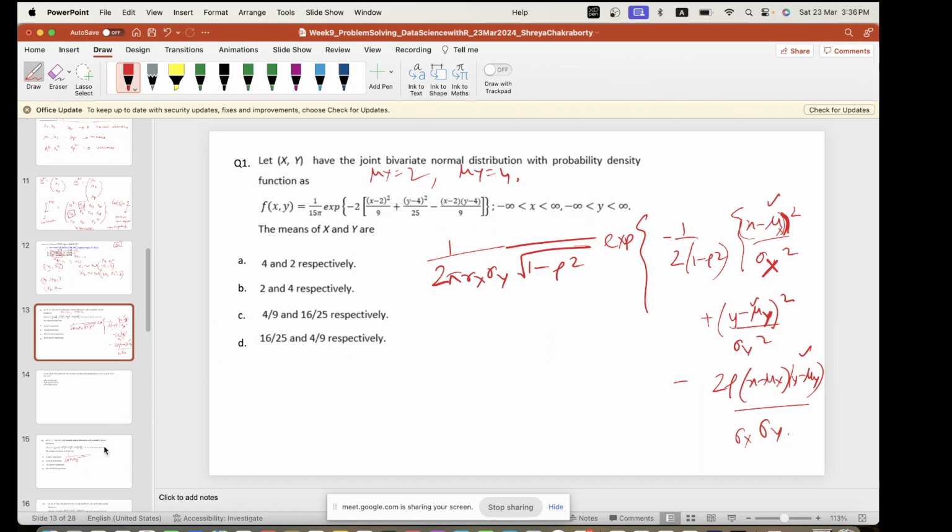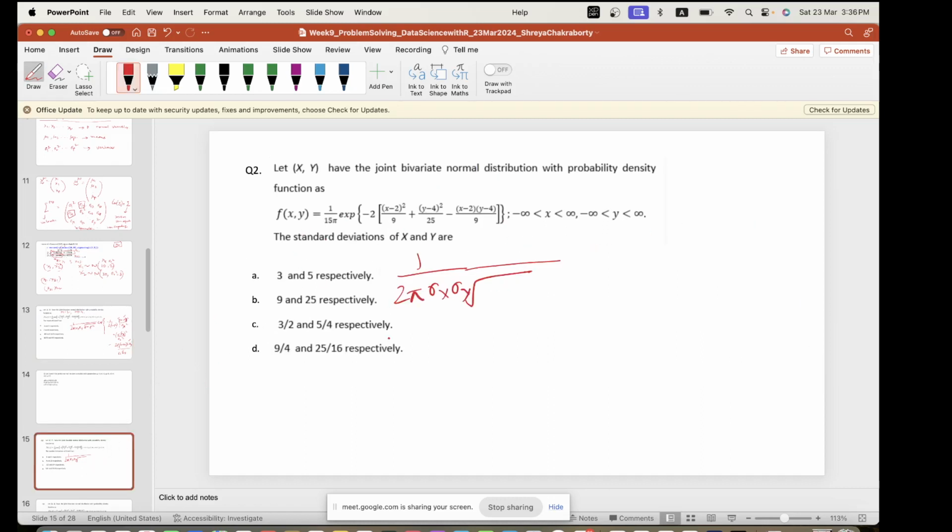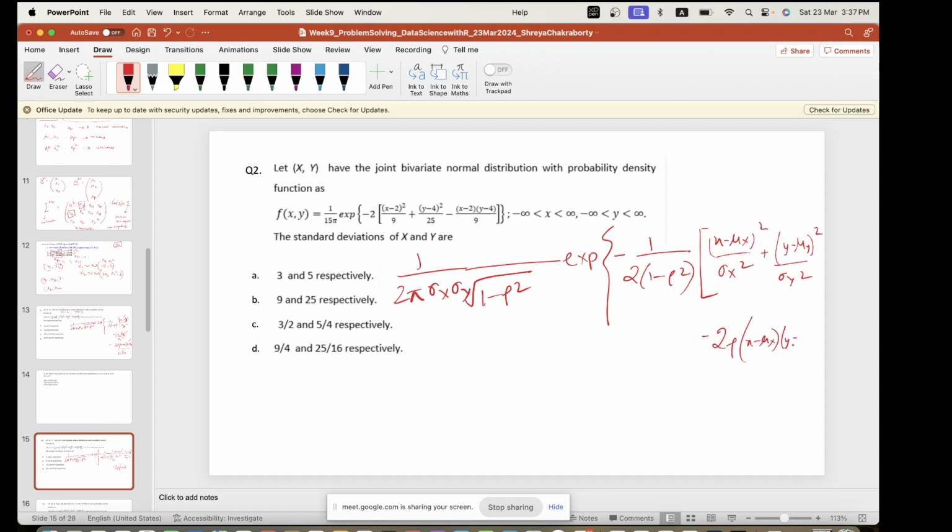Now what if you are asked about the standard deviations? So I'll just write the format over here once again. We have exponential minus 1 by 2 into 1 minus rho square, then we have x minus mu x whole square by sigma x square plus y minus mu y whole square by sigma y square minus 2 rho into x minus mu x into y minus mu y by sigma x sigma y.